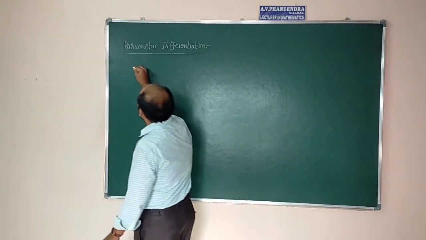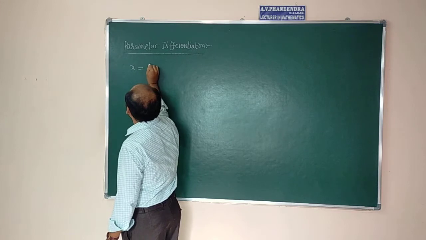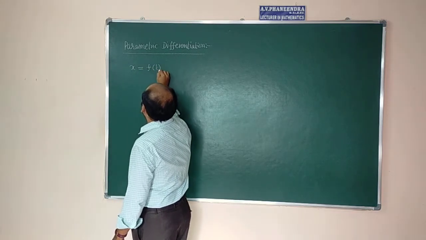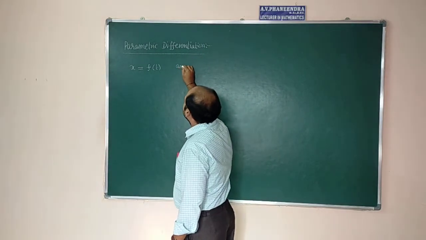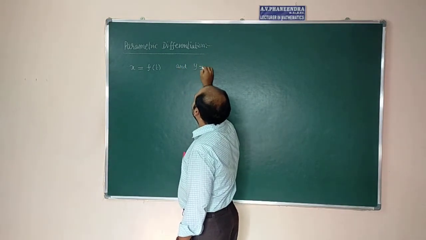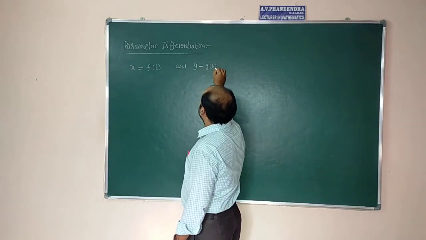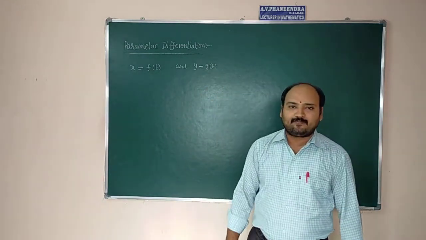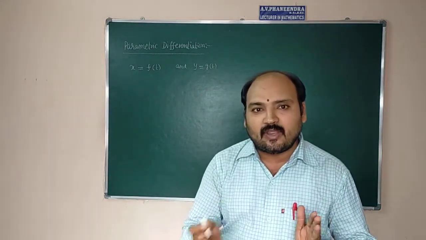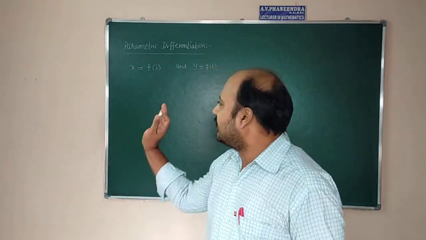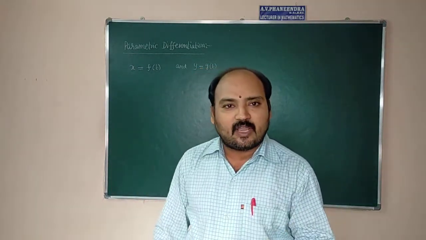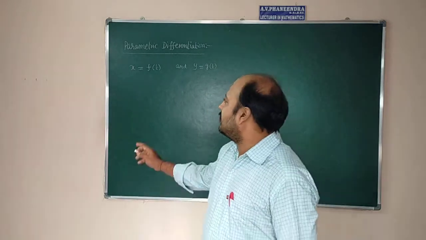See that x is equal to f of t, the variable x in terms of t, and the variable y is equal to g of t, which is another function in terms of t. Whenever x in terms of t and y in terms of t are given, differentiate each variable, x as well as y, with respect to t.